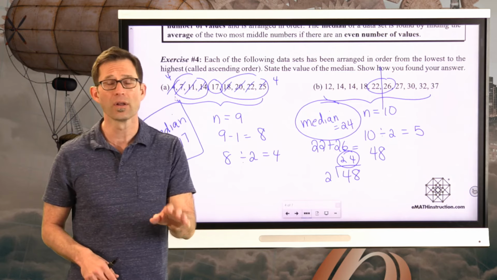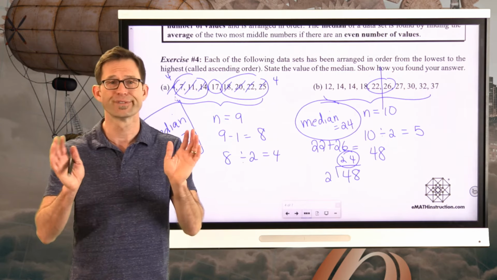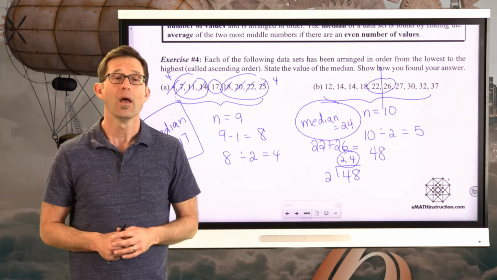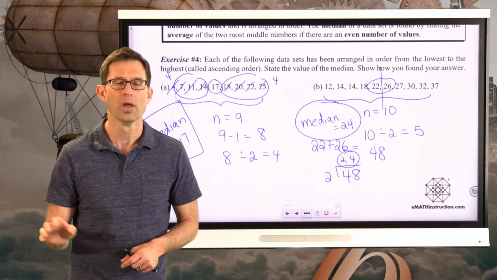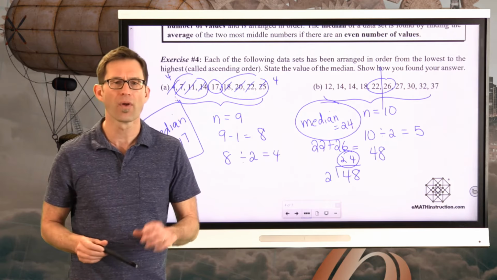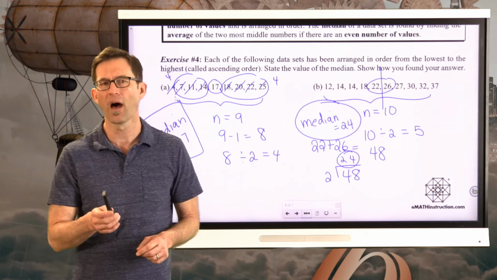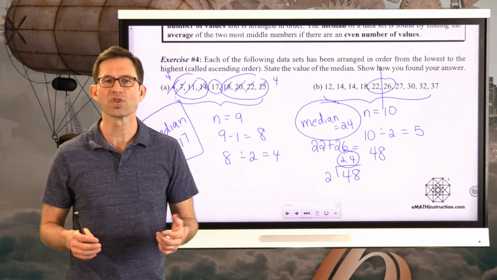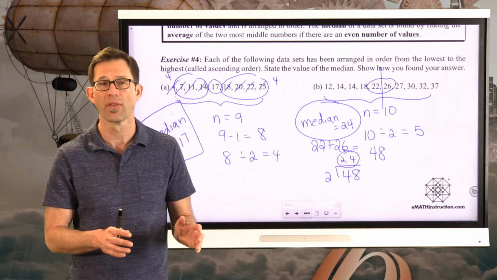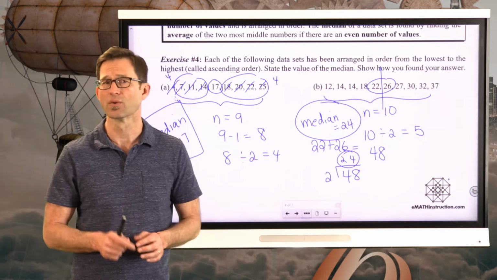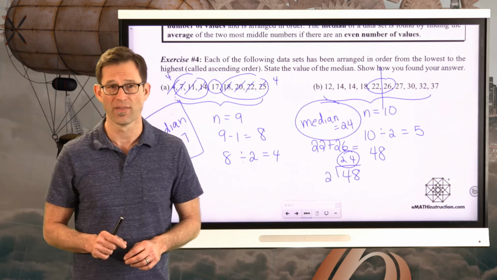You might hear somebody from government or someone important, not me, say something like, well, the median household income is $57,000 a year. They'll often use the median and not the mean in that case. We'll eventually be talking about why one might use one of those measures instead of the other. For right now, in this lesson, we just want to concentrate on how we find them.